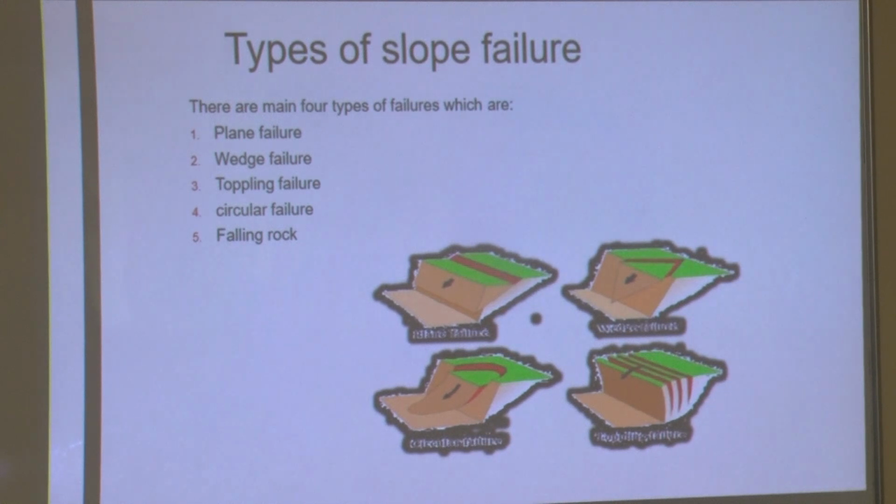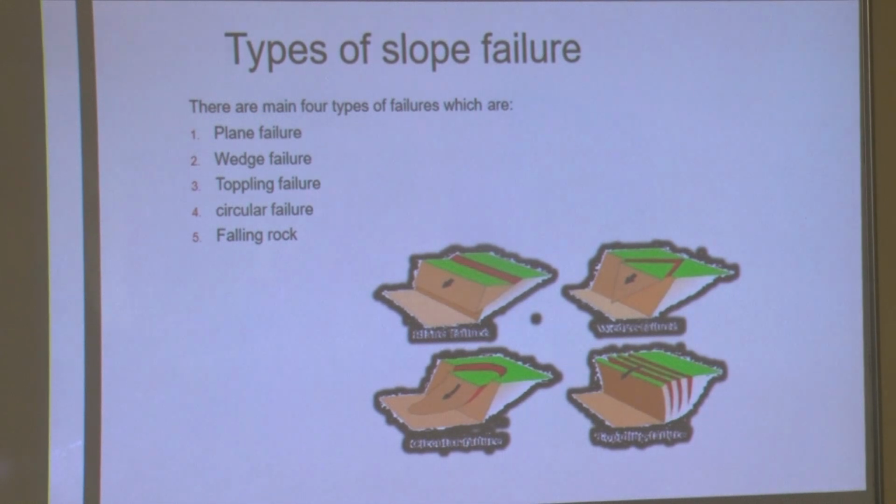The first one, the plane failure, is basically the theoretical deduction of the possible modes of failure in a slope. This is for your information. This is a theoretical deduction of the possible type of failure that could be observed in a slope.